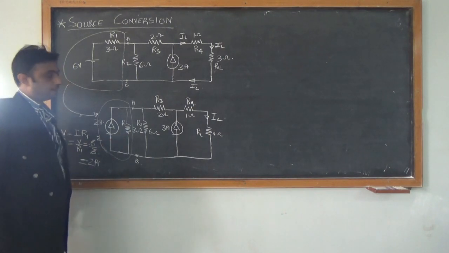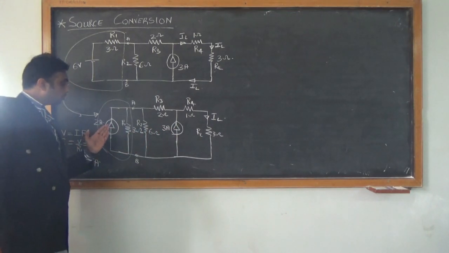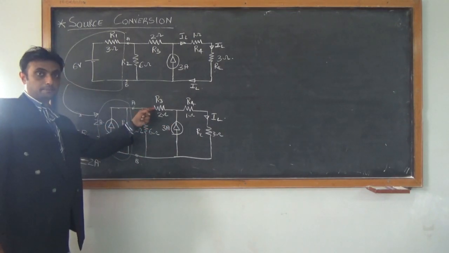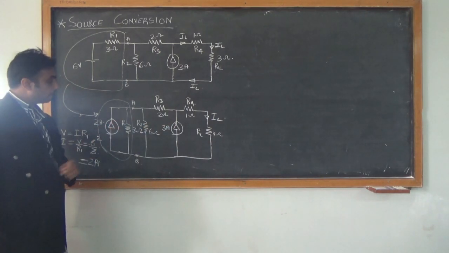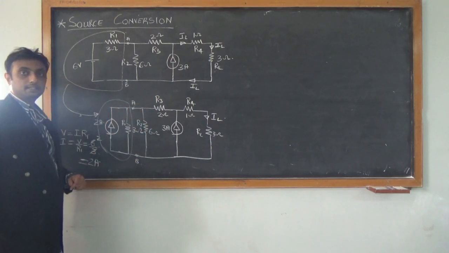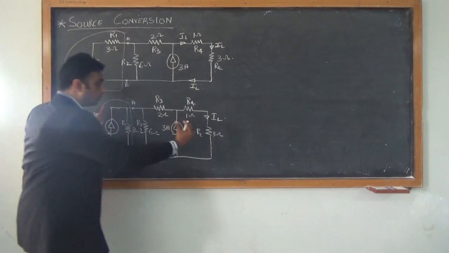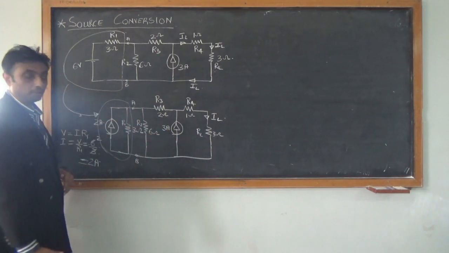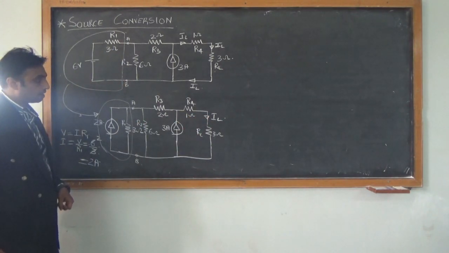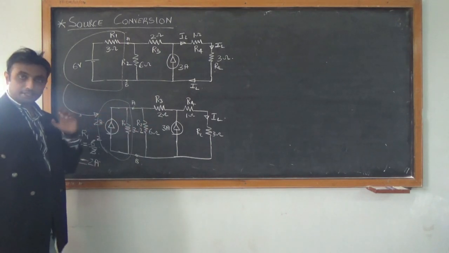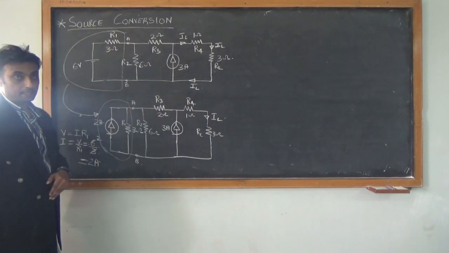Now what else can I say about this circuit? I have effectively converted it to a current source. Now I have 2 current sources, but I still have a resistor in between, so I still cannot combine both these sources. What else can I combine? I can combine these resistors together. We are trying to make this circuit into a simplified or condensed form so that we can effectively find the value of current IL.